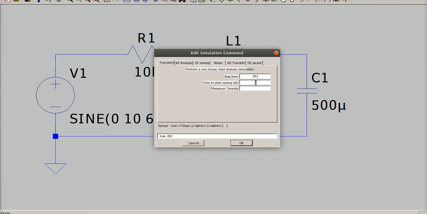Time to start saving data is 0. Sometimes in AC circuits you don't want to start at 0. You want to start after 1 cycle. What you will see is a transient period where things are not at equilibrium.